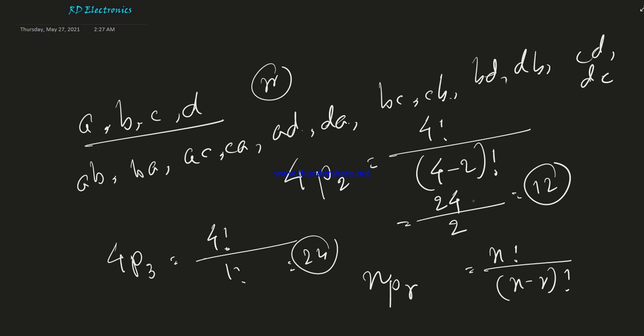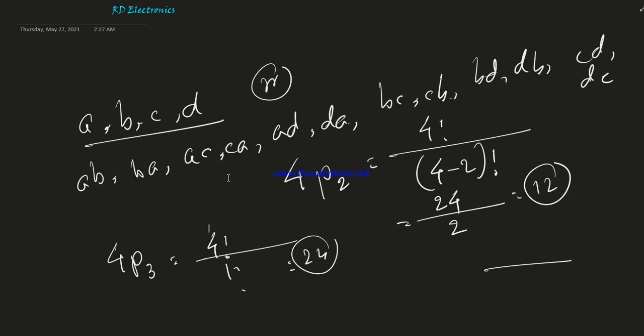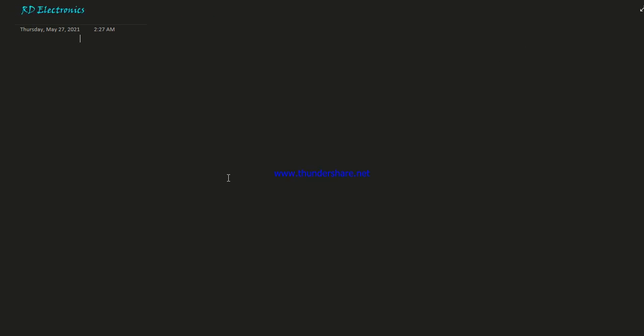Okay, now what is a combination? The combination is a form of group of objects without taking into consideration the order of their placement.